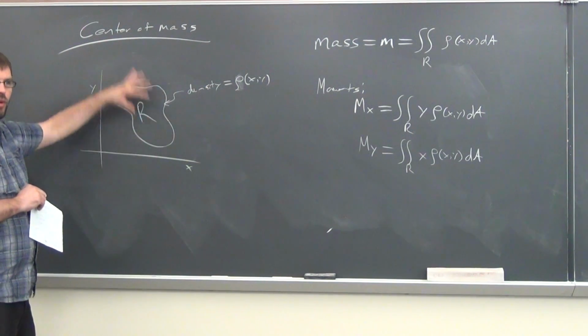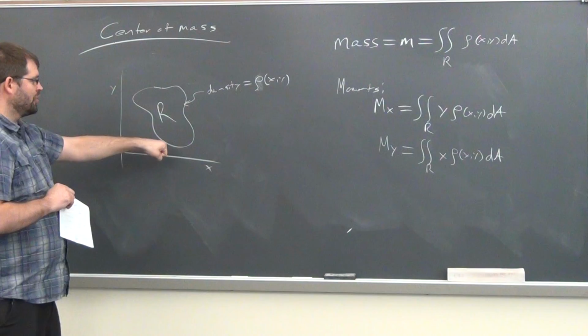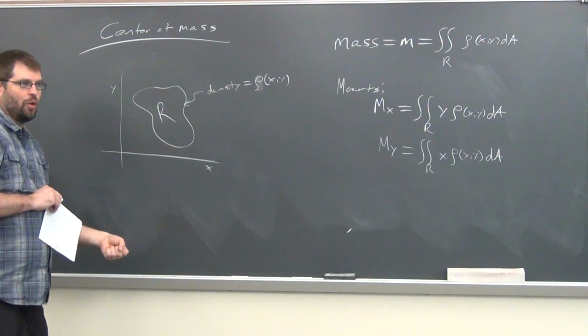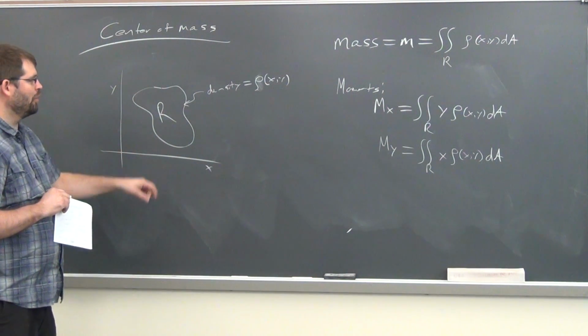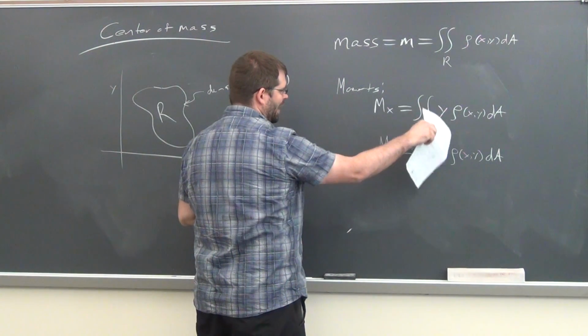You've got extra weight pushed further out. Just think of working a wrench or something, right? You have more force as you pull yourself out. And so that's why the tendency to rotate around the x-axis has this y in front of it.